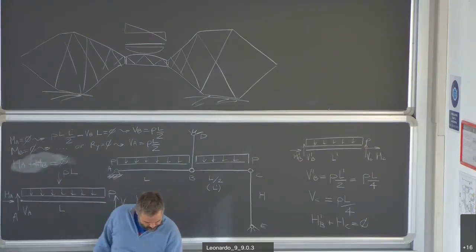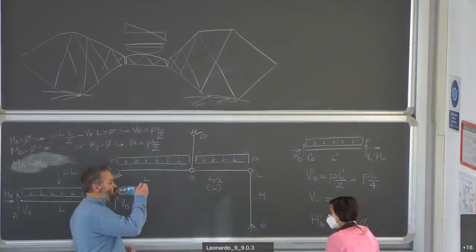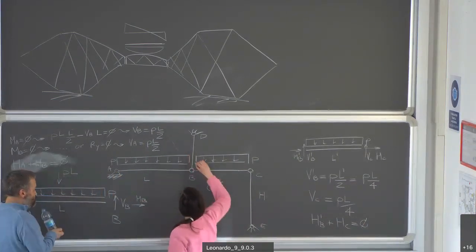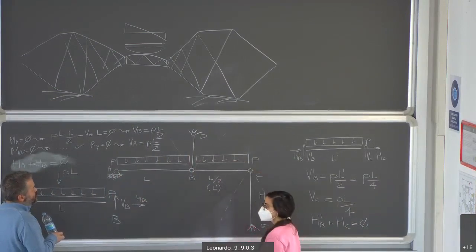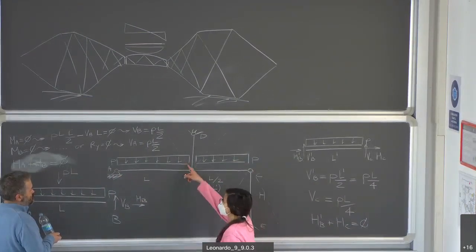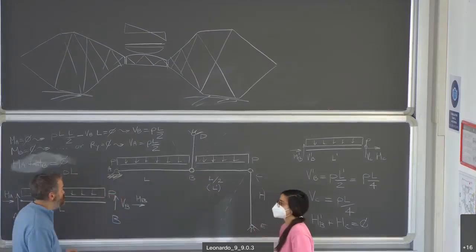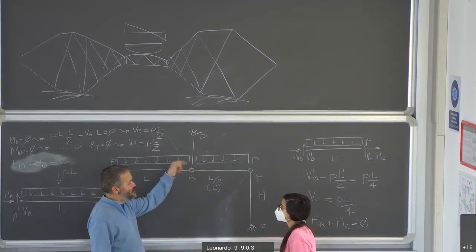Professor? Tell me. Can you say the same thing if this one was connected like this and this one like this? Same thing, like you can say this is simply supported, this is simply supported? What do you think? I think yes, because this eventually will have vertical and horizontal components. Well, my answer is simply, as I previously said, it doesn't matter whether this tie is vertical or diagonal.